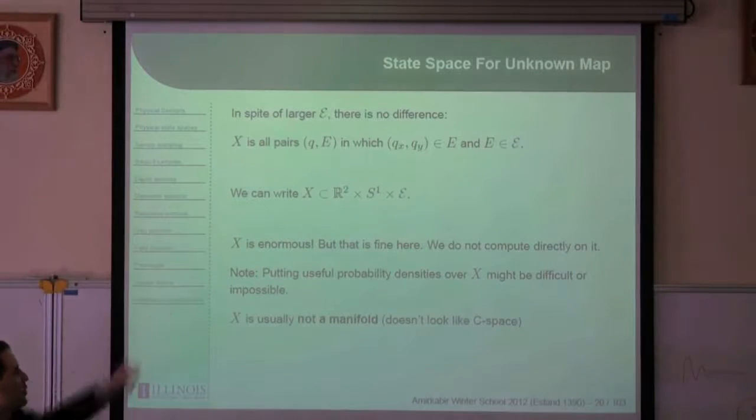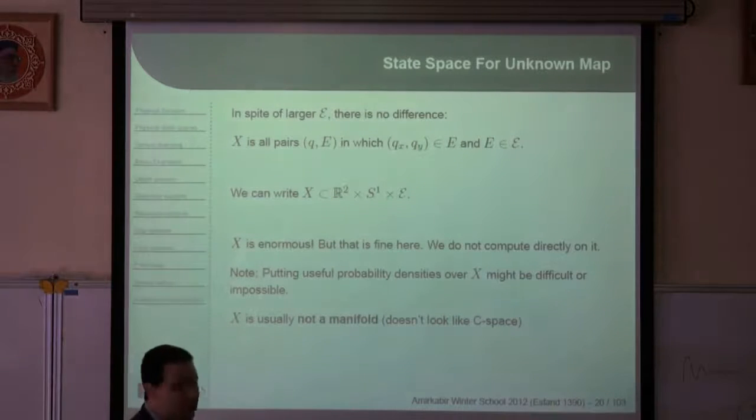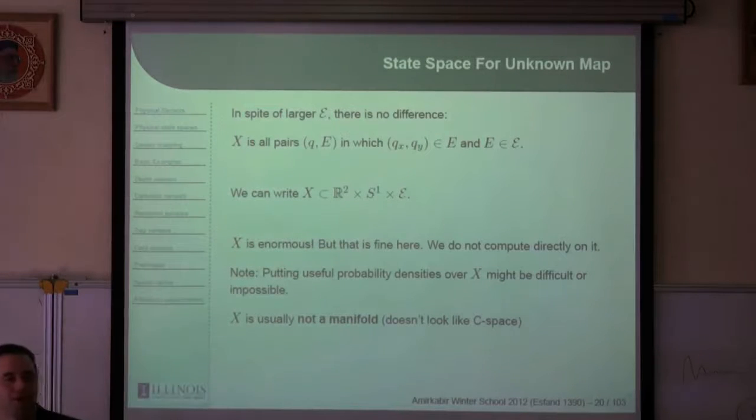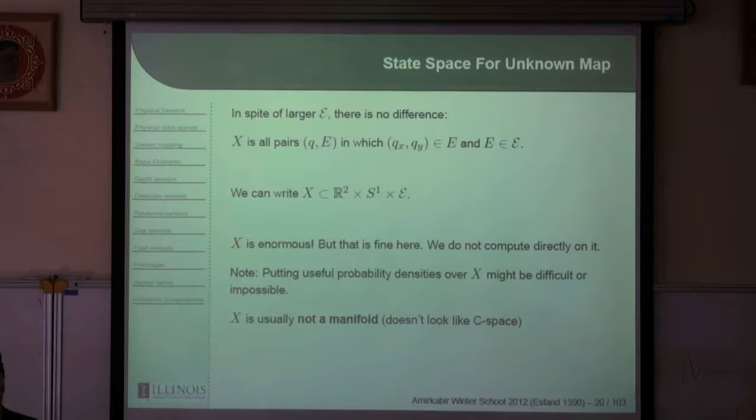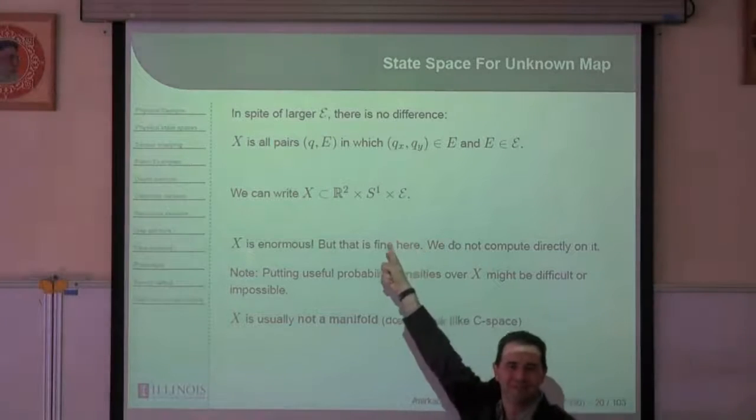That's enormous, but that's okay, because we're not going to compute directly over it, right? However, I will say something interesting. I have a lot of colleagues who are in love with probabilities. They want to immediately put Bayesian models on everything, right? Computational geometers usually don't like doing that too much, but there's randomized algorithms, which are very valuable. That's sort of different from what I'm talking about here. Imagine how difficult it might be to put meaningful probability densities over that space, right?